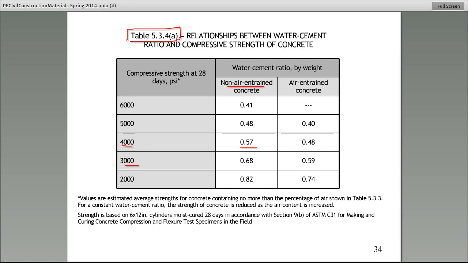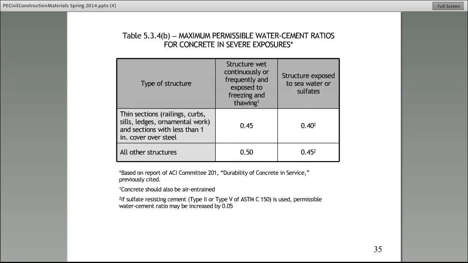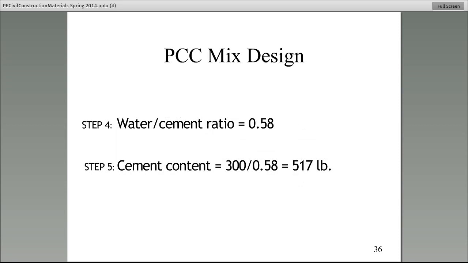So we need 3,900, so it'll be somewhere in between, but as you can see, it will be very close to 0.57. And here it is. On slide number 36, water to cement ratio is 0.58. All right, so we're going to use 0.58. That's after we interpolate.